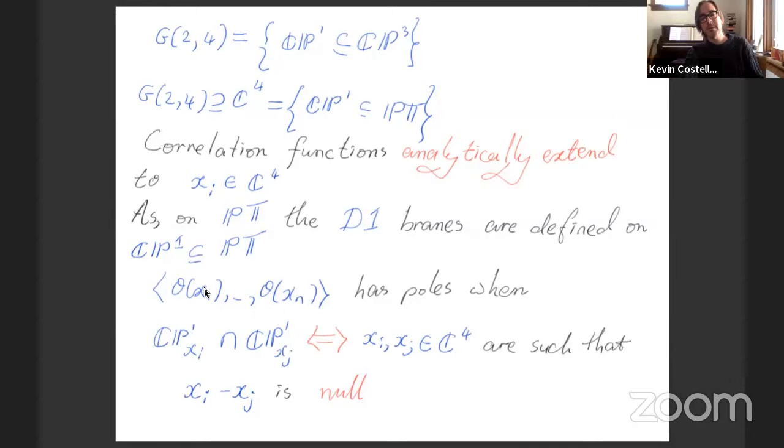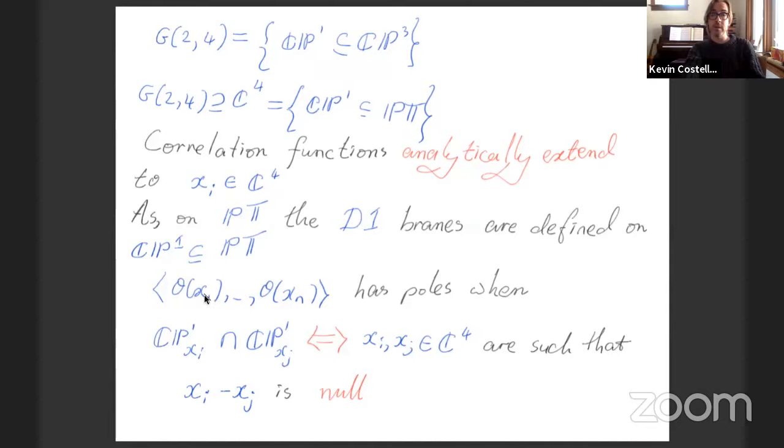But further, on C4, when can these correlation functions have possible singularities? Well, because they're defined for curves in twistor space, the only way they can have a singularity is if those two curves intersect. When two curves in twistor space intersect, the corresponding points on C4 have the feature that the difference is null.